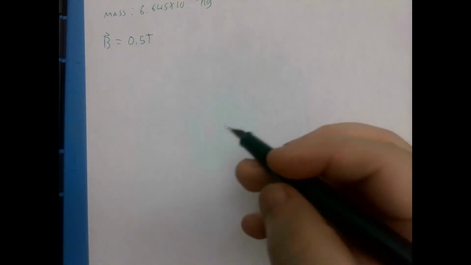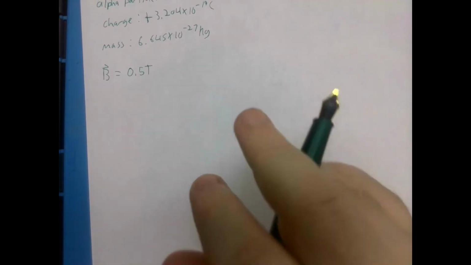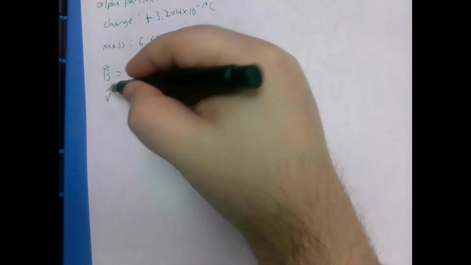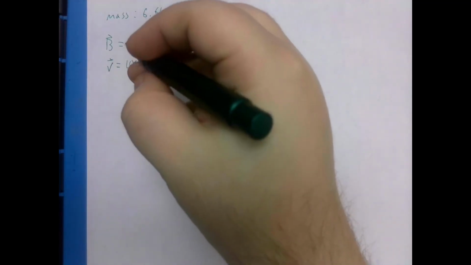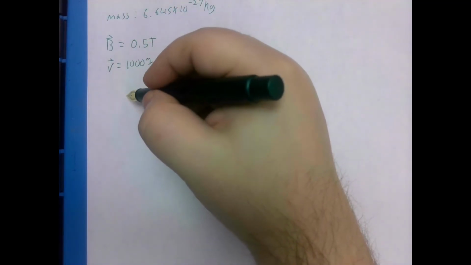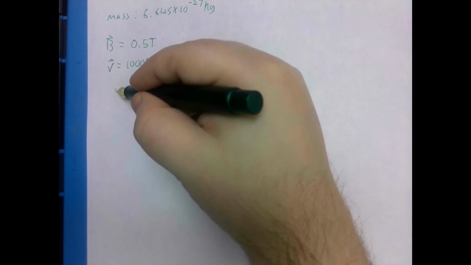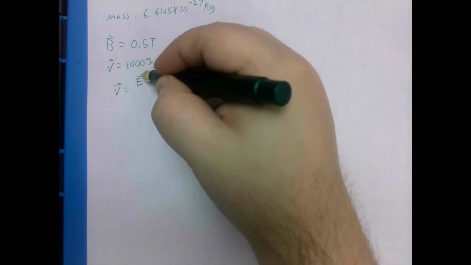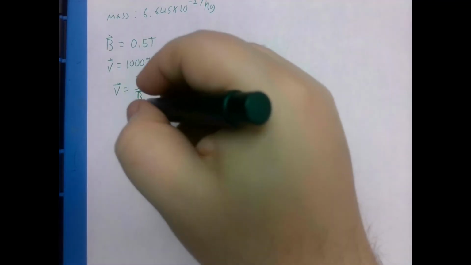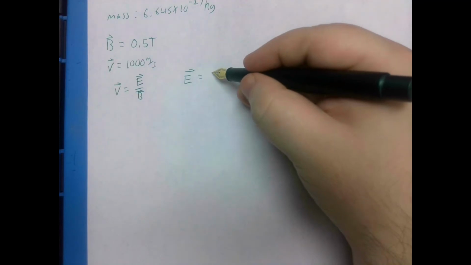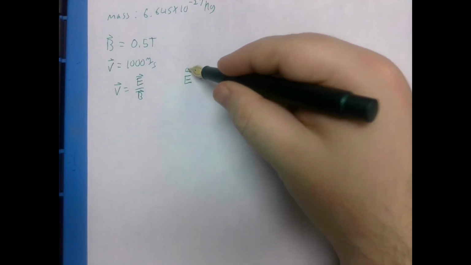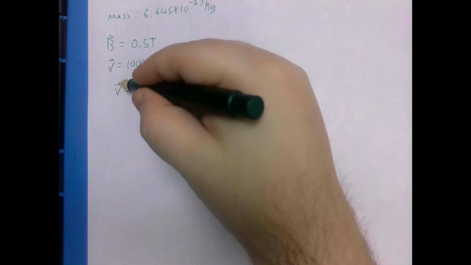What this means is, if we want the velocity to be 1,000 meters per second, then we can solve for the electrical field. We know that the velocity is equal to E over B. Solving for the electrical field, we see that the electrical field would thus be equal to the velocity times the magnetic field. And again, I need to remove the vector notation because this is assuming we converted it to scalars.